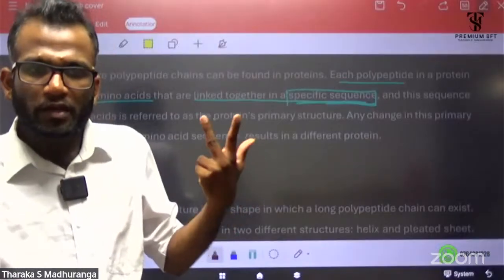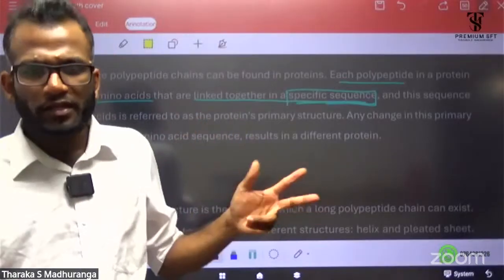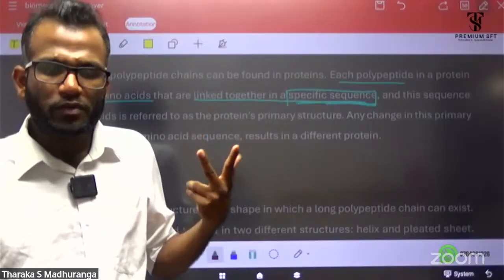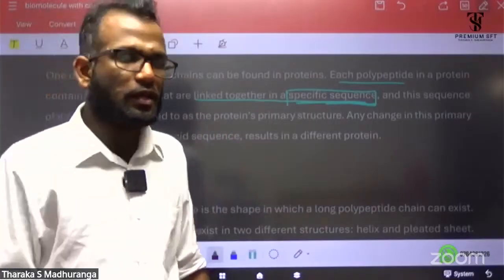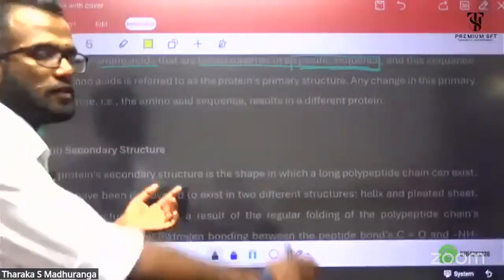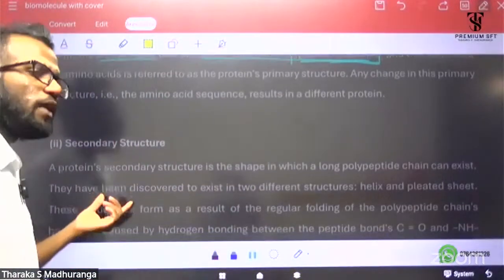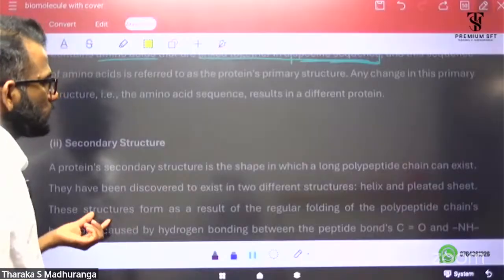Third point, in any condition, denaturation also cannot damage it, cannot change the primary structure. This sequence cannot be changed. Collagen fibers are primary structure protein.